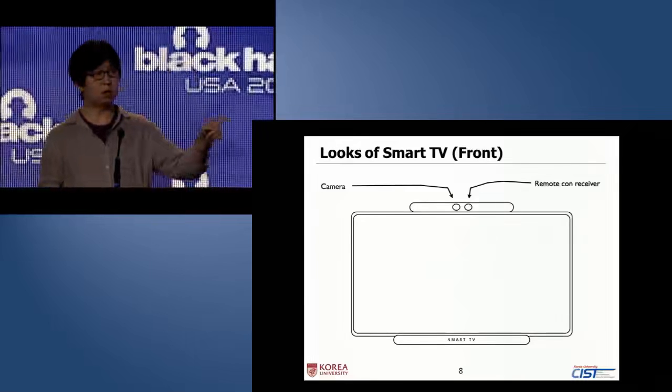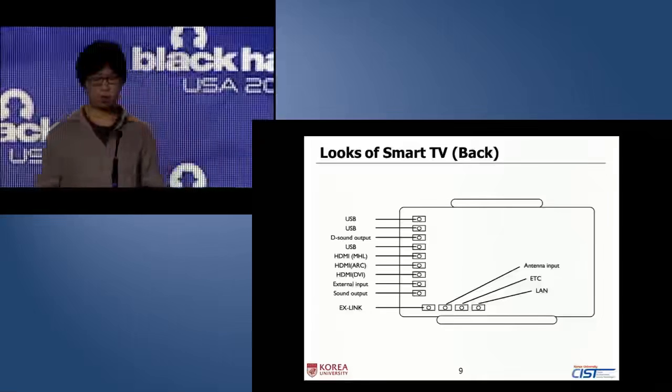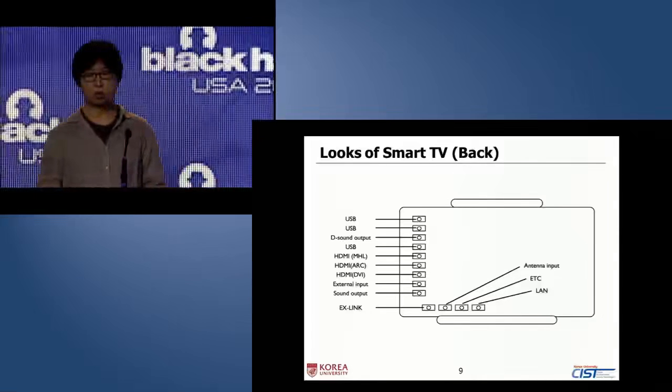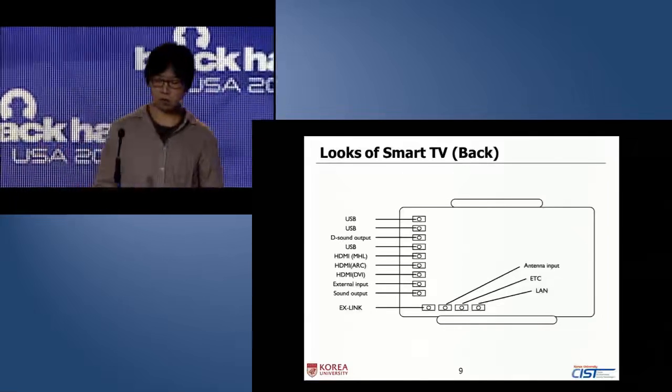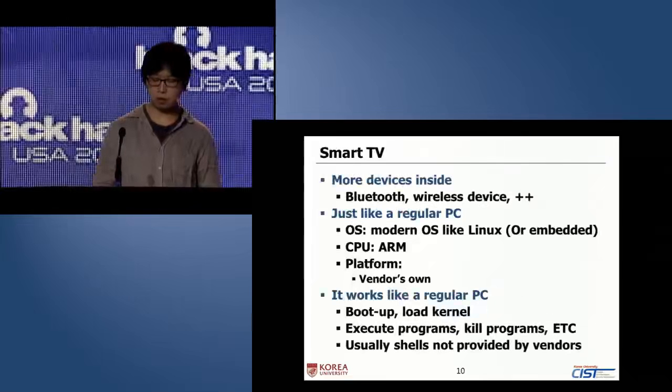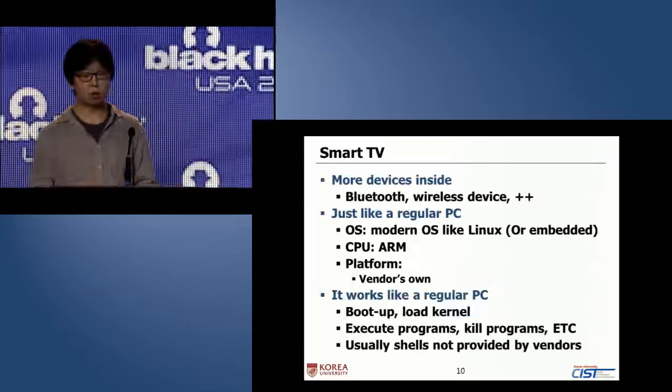It has a camera and a mic inside. At the back, it has 3 USB ports, so you can connect your USB storage to the smart TV. There's a LAN cable and an X-Link. Inside, there are some hardware modules like Bluetooth and a wireless device.